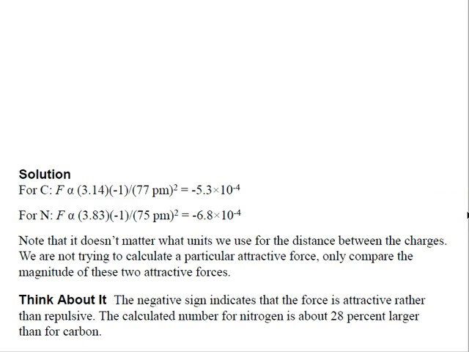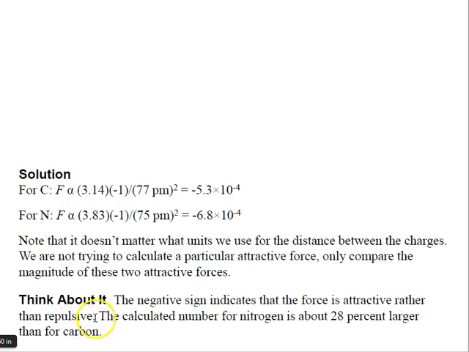Note that it doesn't matter what the units we use for the distance between the charges. We're not trying to calculate a particular attractive force, only compare the magnitudes together. So both of these are 10 to the negative 4, so we're just comparing the 5.3 and the 6.8. The negative sign also is going to indicate that the force is attractive rather than repulsive.